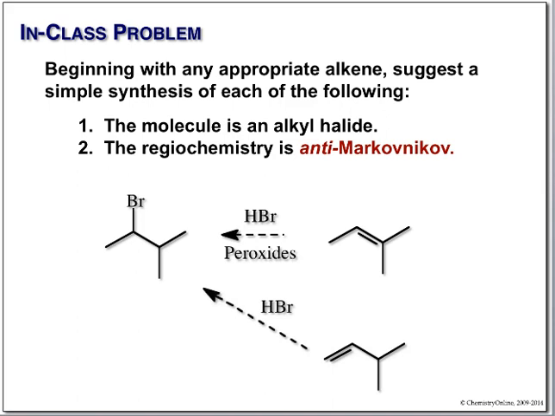If we had tried to use this alkene here, and we'd added HBr, not HBr peroxide, just HBr, you could say to yourself, okay, hydrogen's going to go here, bromine will go here. Will that work?